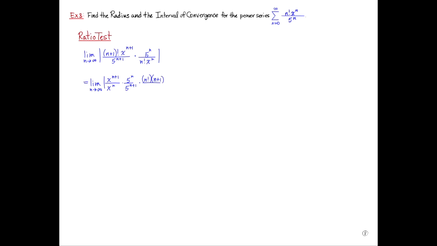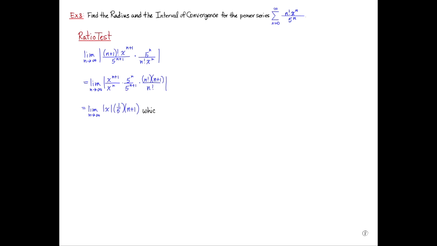And in the denominator, we have n factorial. This is equal to the limit as n approaches infinity of the absolute value of x times 1/5 times (n+1), where both our n factorial in the numerator and the denominator cancel out.